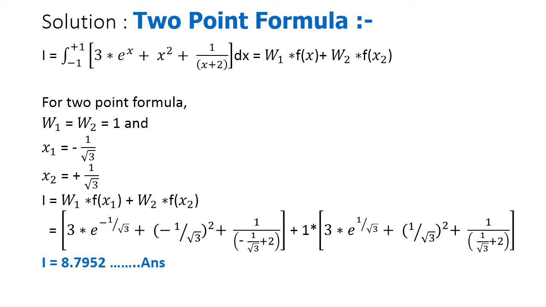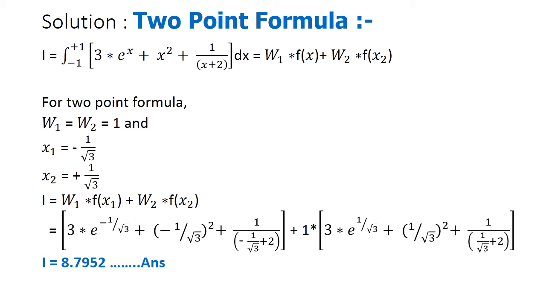Why? Because now it has been divided. If we have only one weighting function, as in case of 1 point, that value is 2. Now we are dividing it into two different weighting functions, therefore it will get equally divided, that is 2 divided by 2, and therefore w1 is equal to w2, and that is equal to 1.